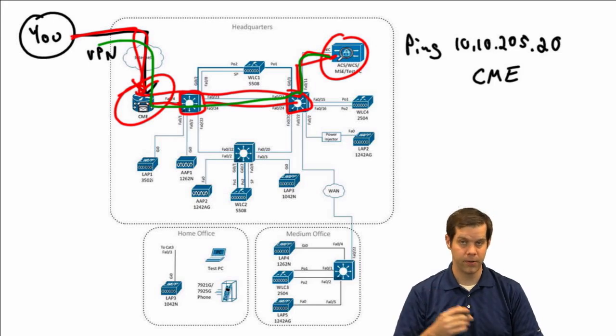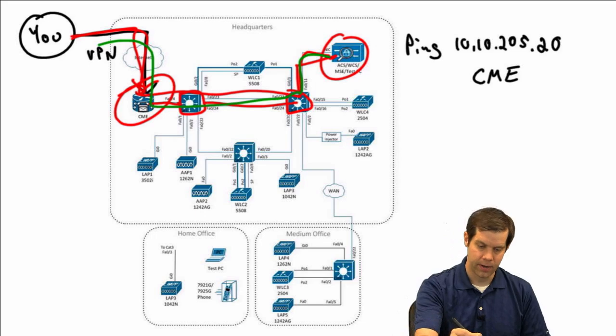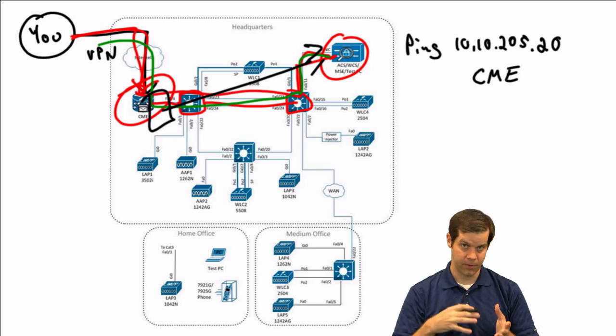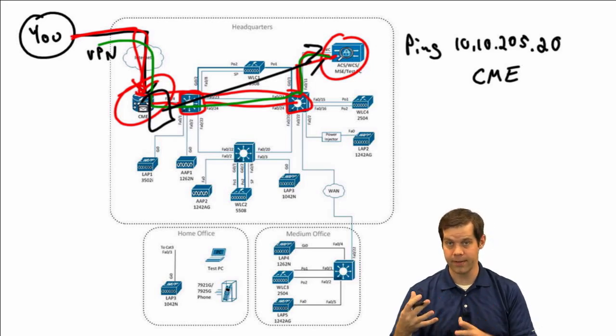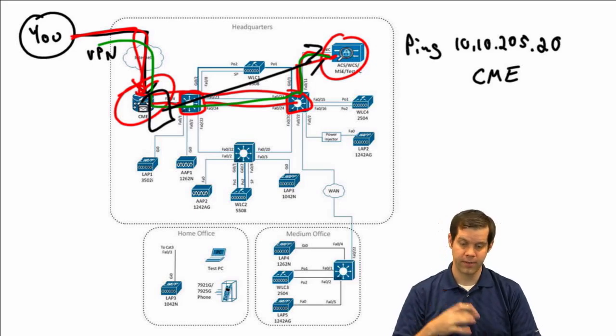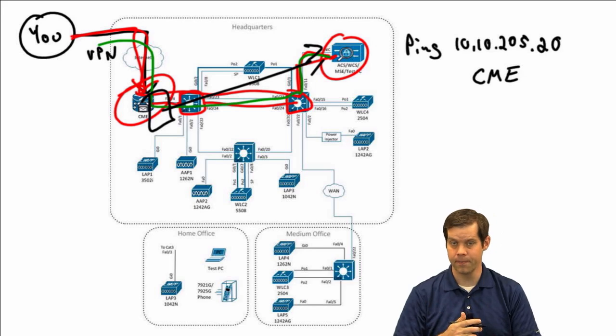If you can't get to the desired device, then it's somewhere between the CME router and whatever it is you're trying to talk to. So just remember that when you're VPN'd in but you still can't get to something, it's almost always an issue with your network connection somewhere between the CME and the device that you're trying to access. But console, always there, always working because it doesn't require anything other than just an internet connection on your part.